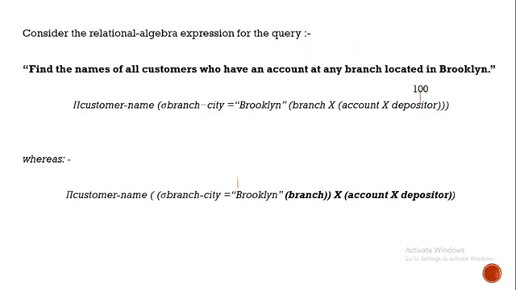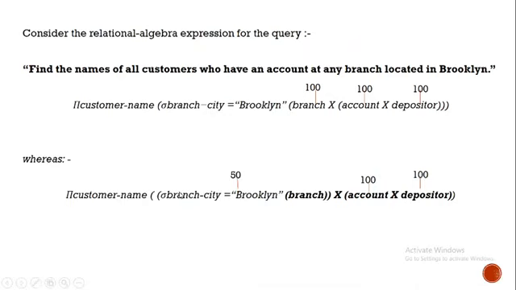let's say there are 100 tuples in depositor, 100 tuples in account, and 100 tuples in branch. So in the first query, the 100 tuples of depositor are joined with 100 tuples of account, and then the result is joined with the 100 tuples of branch. Whereas in the second query, 100 tuples of depositor are joined with the 100 tuples of account, and the result is joined with only the 50 tuples of this operation.